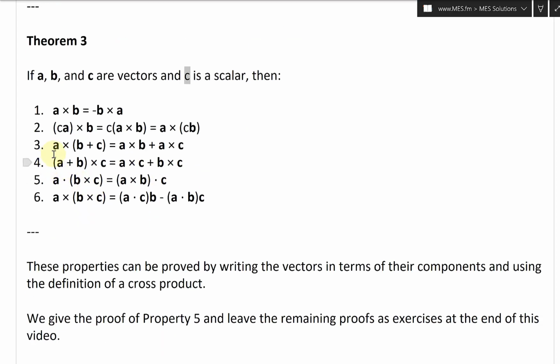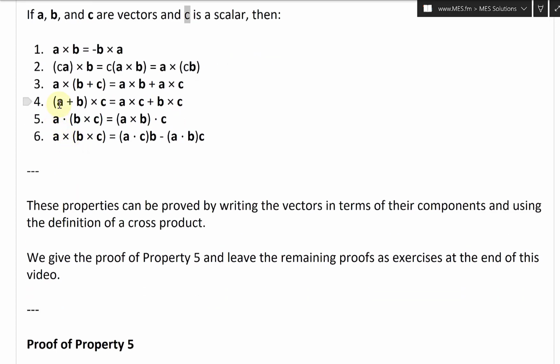And then property 3 is A cross, and then bracket B plus C, and this equals, well, you could multiply this out and expand it just like multiplication: A cross B plus A cross C. And then property 4, A plus B, and then all of that cross C, is equal to, again, expand this out, A cross C plus B cross C, similar to property 3.